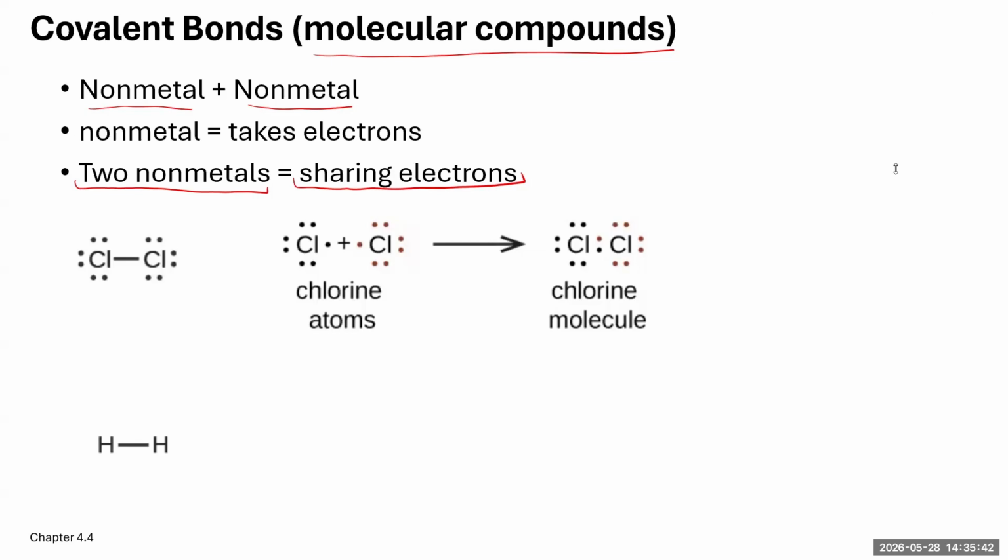All right. So this is an example of two chlorine atoms. Chlorine starts out like this, right? If you look on the periodic table, it's column 17. So they have 7 valence electrons. Another chlorine is around.